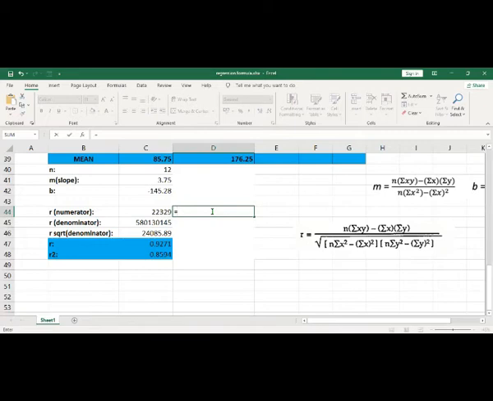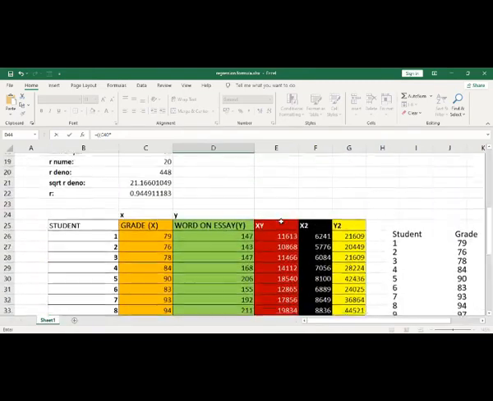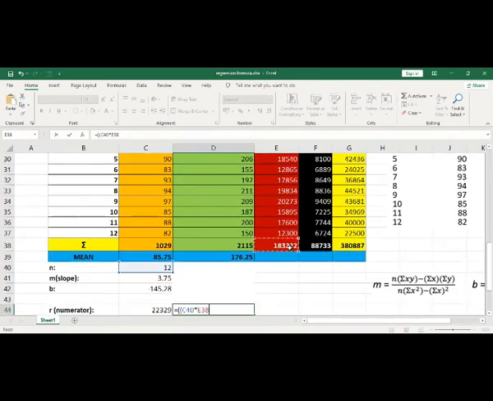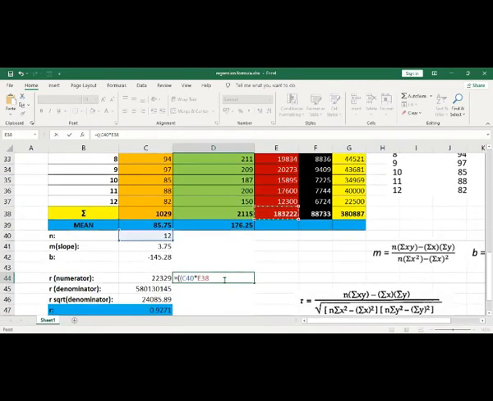Gamit tayo ng mga open and close parentheses para ma-separate natin per term. Two open parentheses. Ang n natin is 12, multiplied by the summation of xy, which is 183,222. Then, close parenthesis, minus.